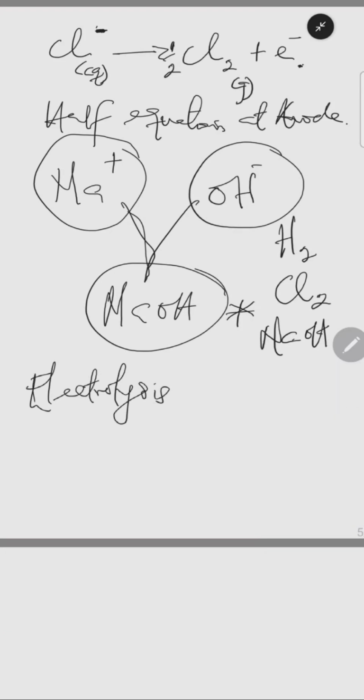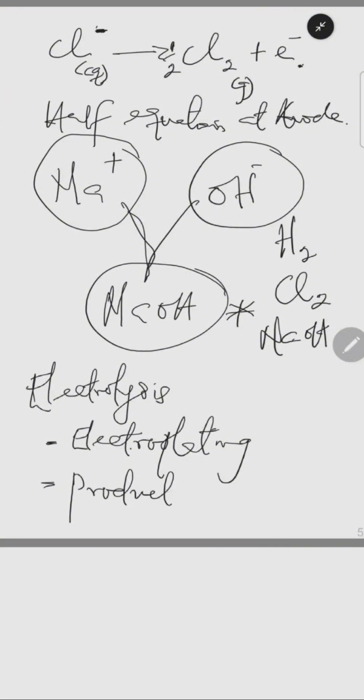And the applications of electrolysis, we have one that we refer to as electroplating. We have the one I've earlier mentioned, production of chemicals. So chemicals like hydrogen gas, like chlorine gas, and like sodium hydroxide.